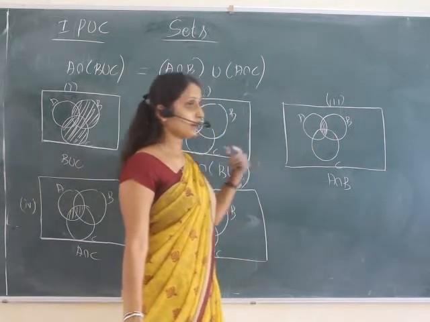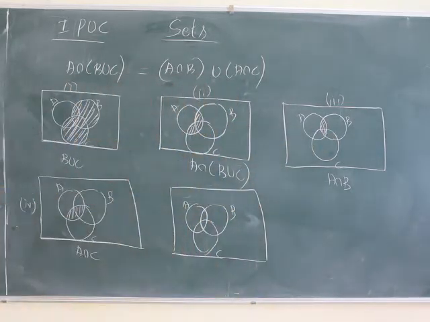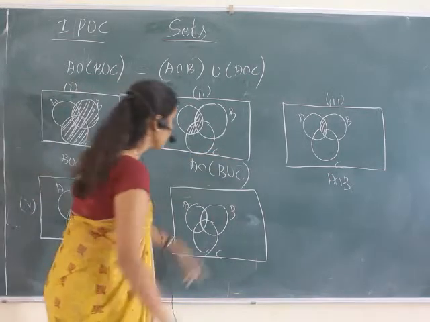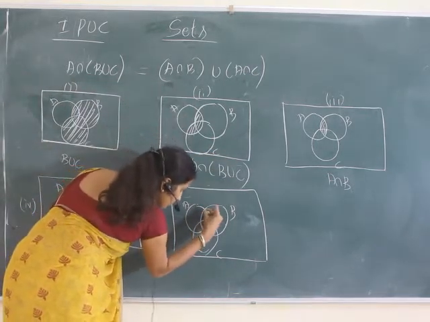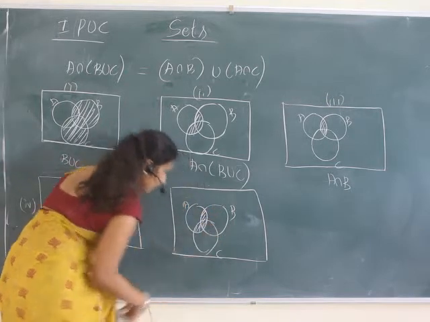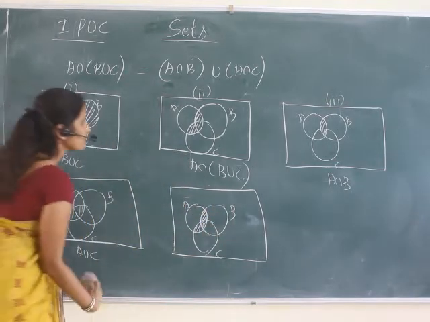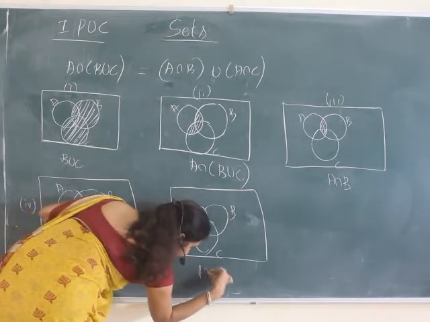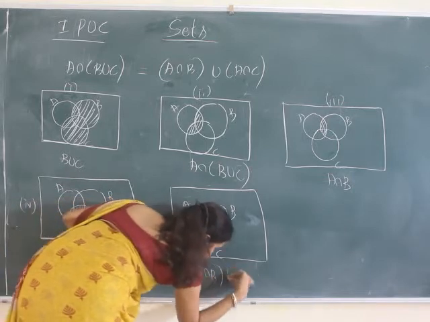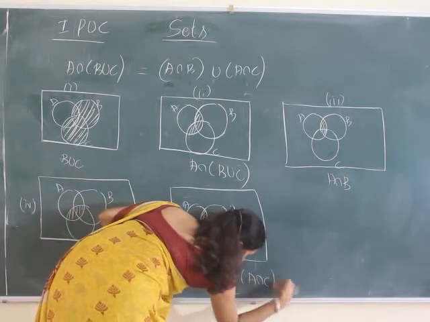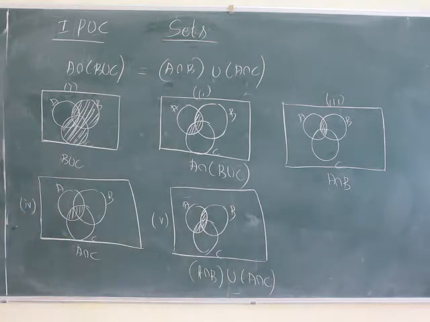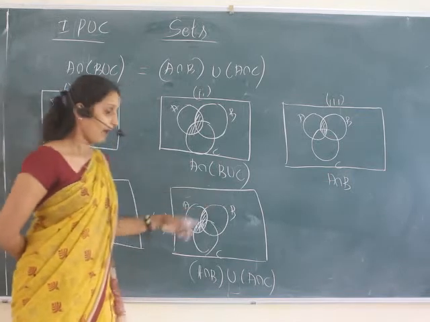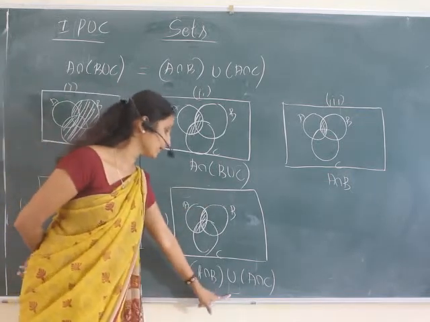Union means combining both; if there is a common part, we write only one. So when we combine this and this, we get only this region. This is the fifth one, A intersection B union A intersection C. So the left hand side is A intersection B union C and the right hand side is A intersection B union A intersection C.